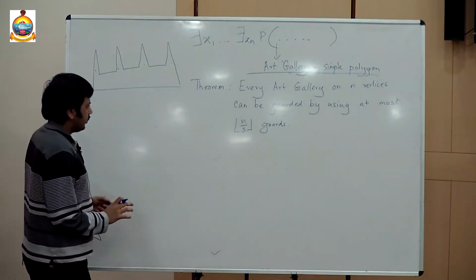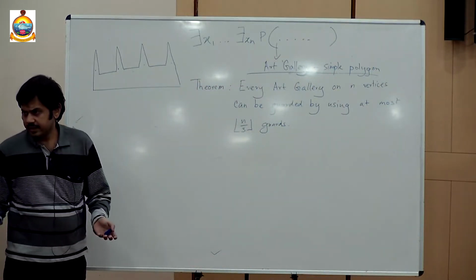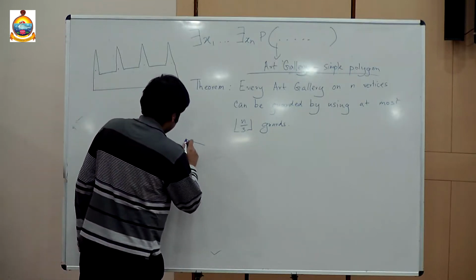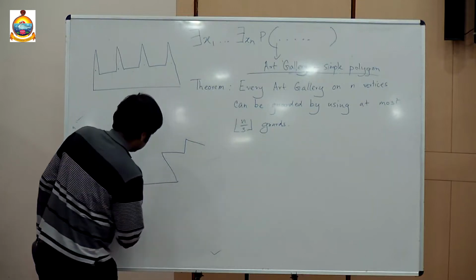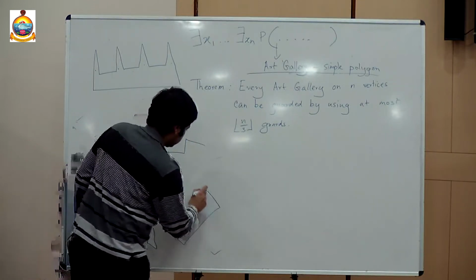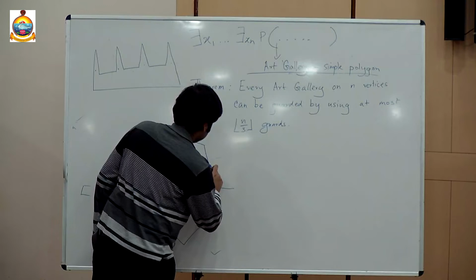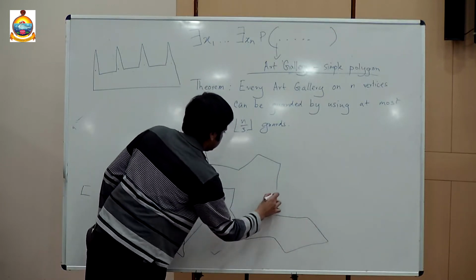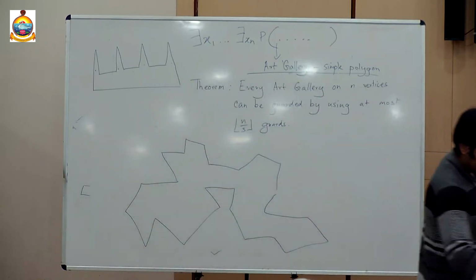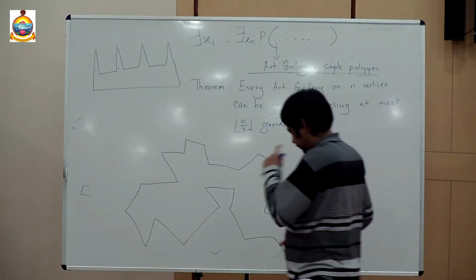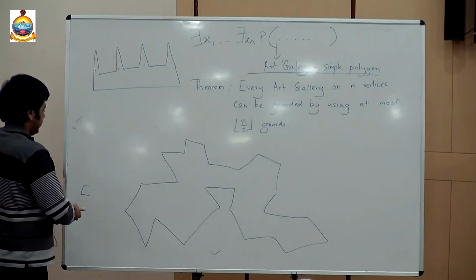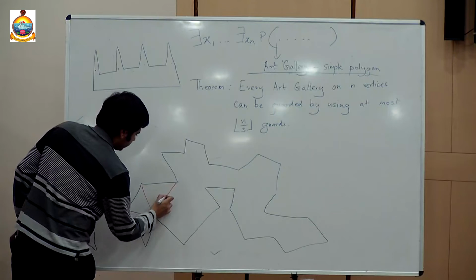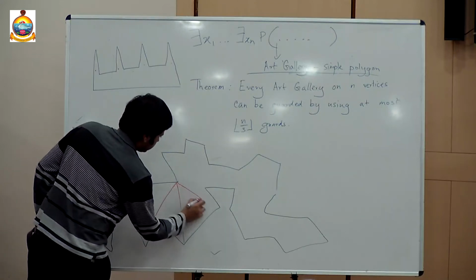So, this proof was given by Chvatal, and Fisk. Okay. So, you have this simple polygon, and what you do is you simply triangulate it, that is, divide it into triangles.